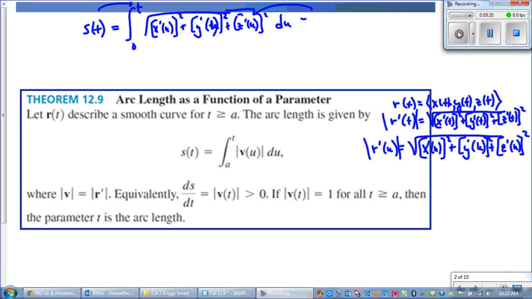Okay, now this written another way is the integral from 0 to t of the magnitude of v of u, which is just the speed.